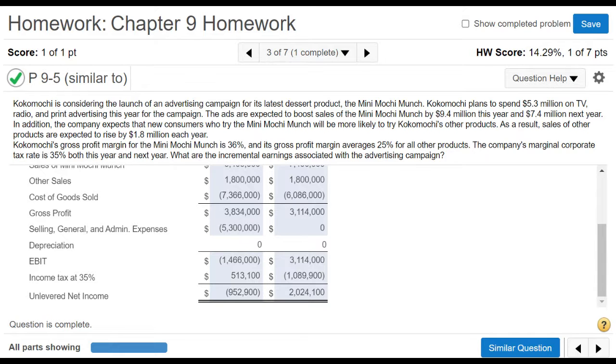Then in this one, we have a positive number coming down, but we have expenses, which are negative always. Then we subtract 3,834,000 from this 5.3, and we're going to get a negative number. So we get 35% of this negative number. Remember, in taxes, when we lose money, we can get money back.